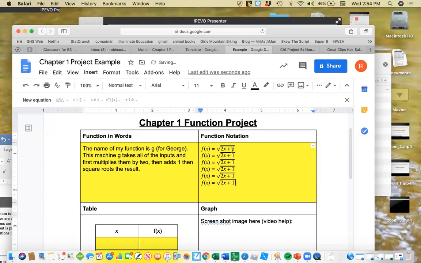To copy and paste, Control or Command C will copy, and then Control V or Command V will paste. And basically my first input, I'm going to try plugging in -2. And what happens? If I replace this with -2, and I'll put in parentheses, I then get this.